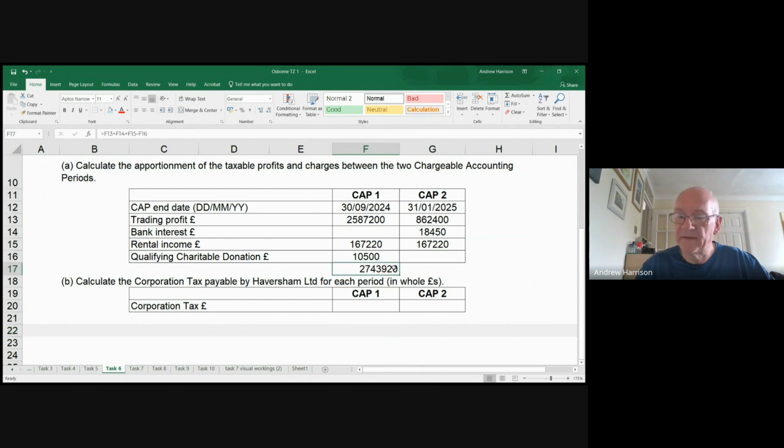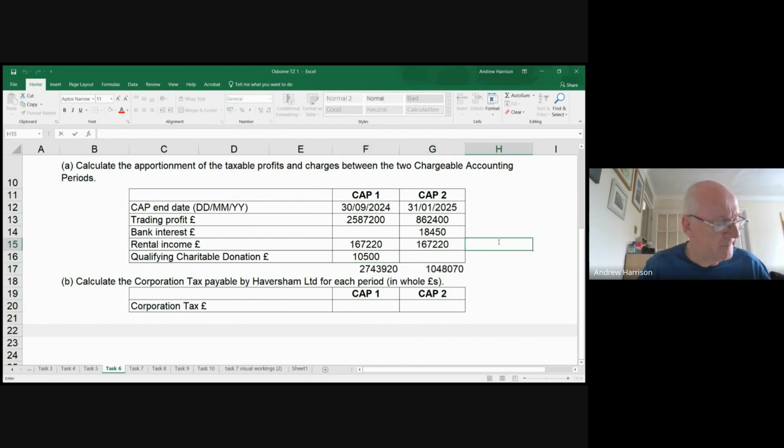And I'll just copy it there. I did the formula properly. So far, so good. But that number isn't part of the answers because this is the corporation tax payment. It's way over the threshold, way over 250,000.